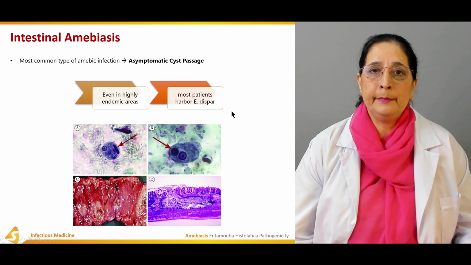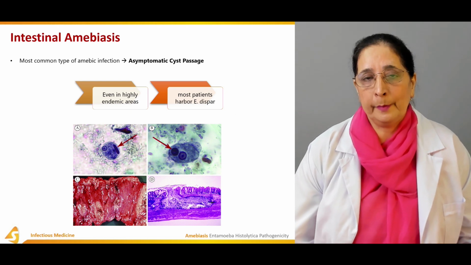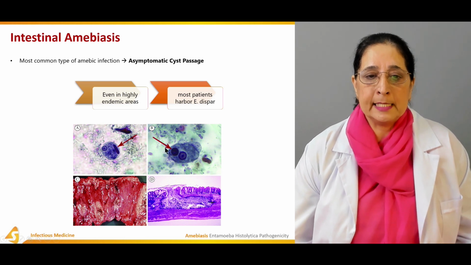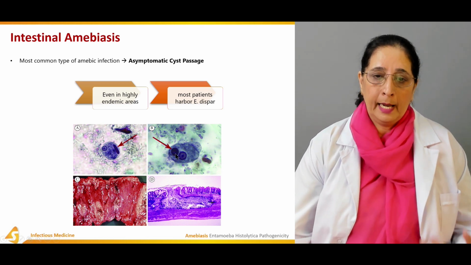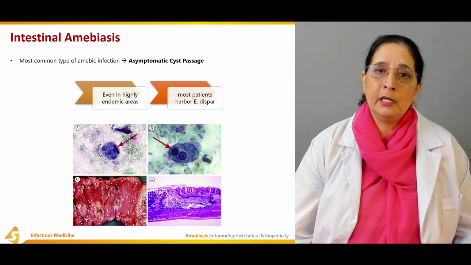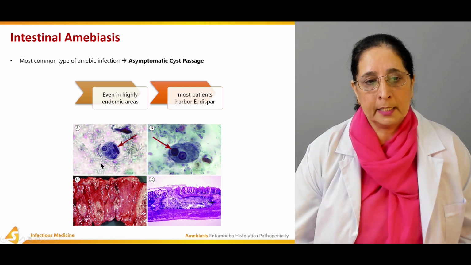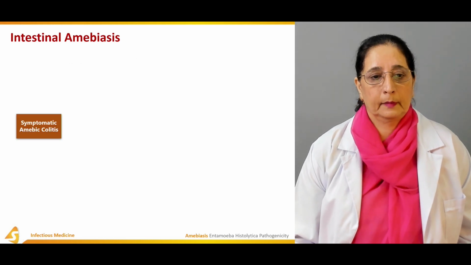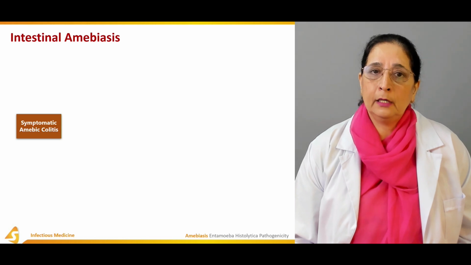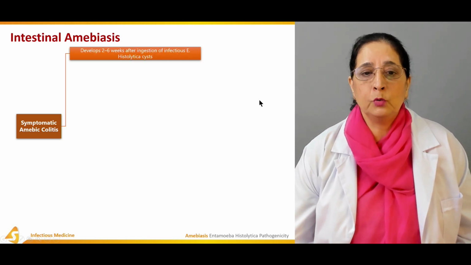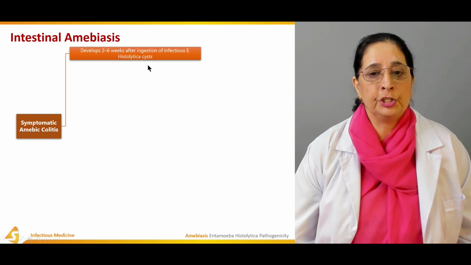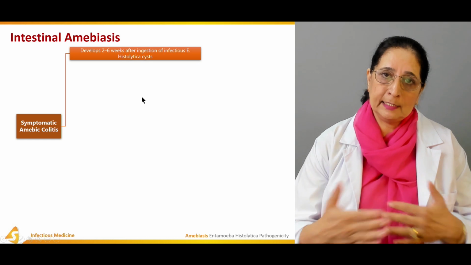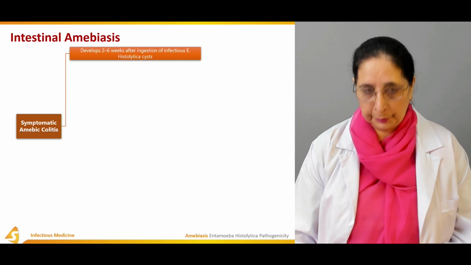So intestinal amebiasis is usually asymptomatic because, as we already mentioned, in these cases we have Entamoeba dispar, and this infection is non-invasive and non-symptomatic. Symptomatic amebic colitis develops 2 to 6 weeks after ingestion of Entamoeba histolytica cyst. So it takes about 2 to 6 weeks incubation period.